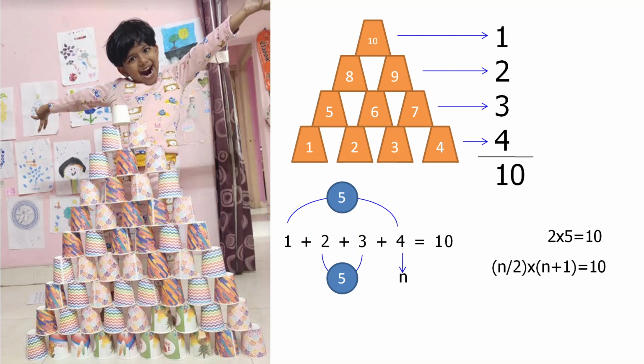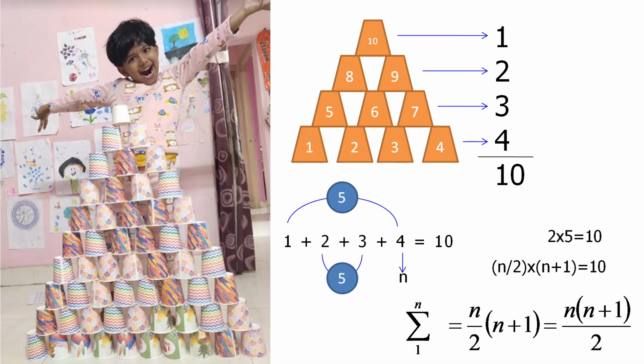So what we see here, the formula would be: the addition of numbers from 1 to n will be equal to n by 2 into n plus 1, or simplified, n into n plus 1 by 2.